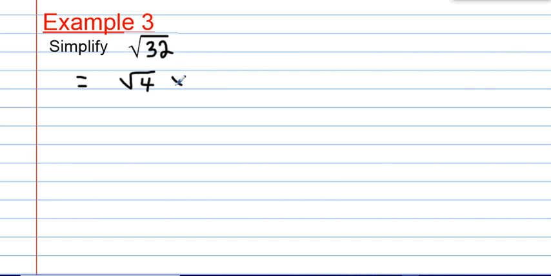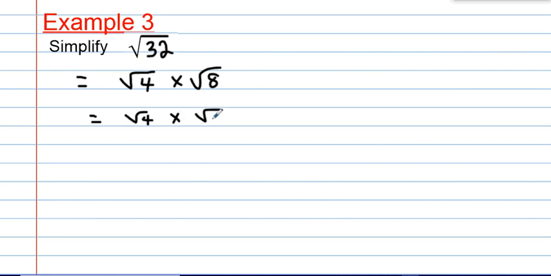So root 4 times root 8, because 4 times 8 is 32. But we can still break down. We can still have a squared number with this root 8 when we break it down. So root 8 will also give you root 4 times root 2.